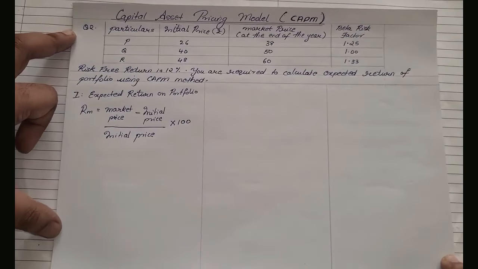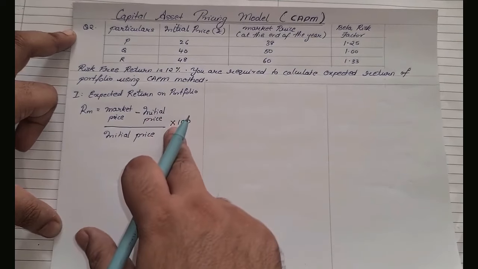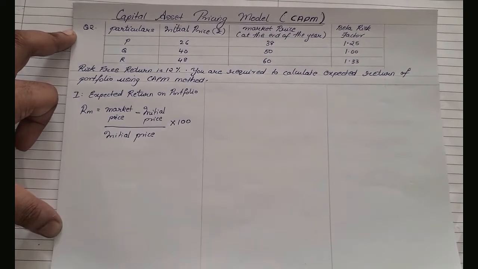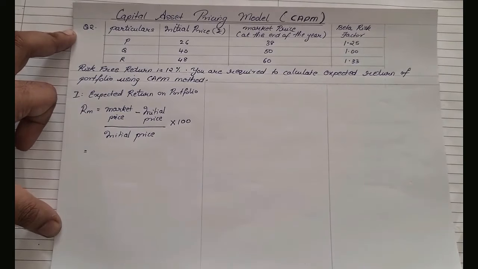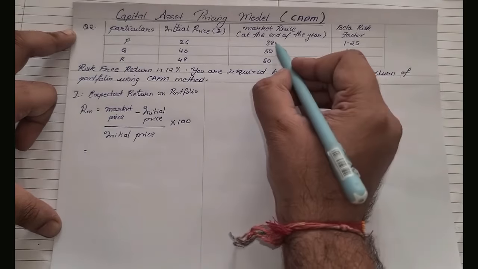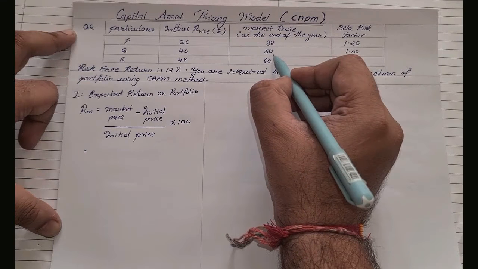Now in such kind of sum, if dividend is given, it will be market price minus initial price plus dividend upon initial price into 100, which will give you your expected market return. So we'll have to take the summation of all the values. Our market prices for all the portfolio are 38, 50 and 60.